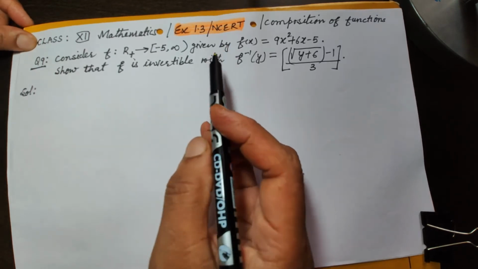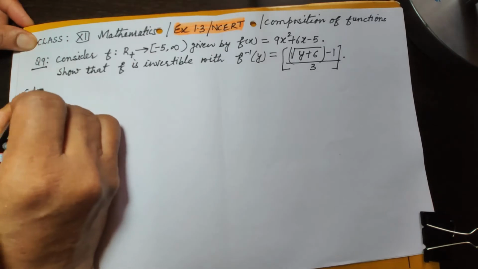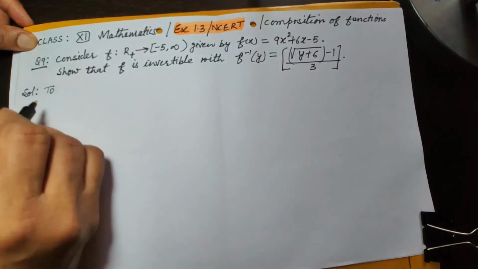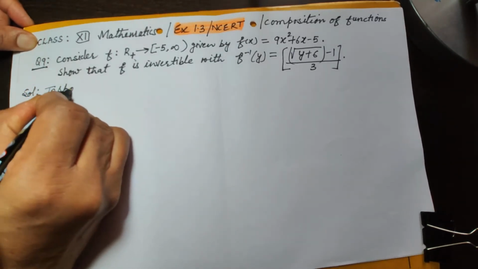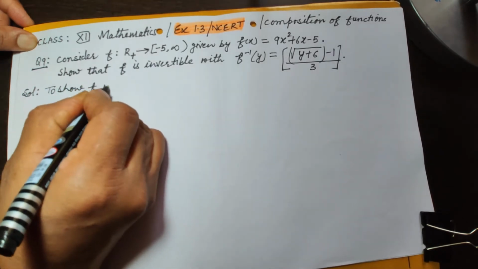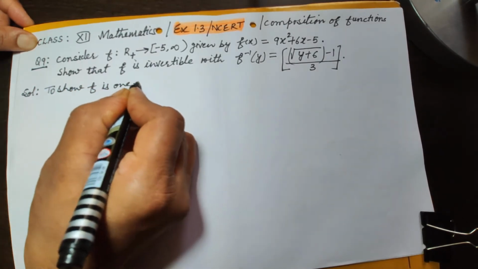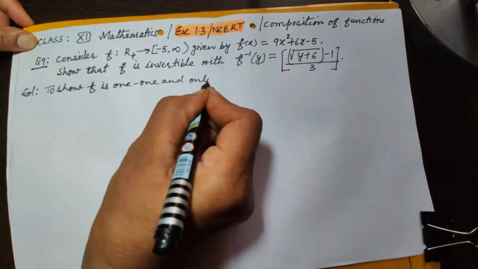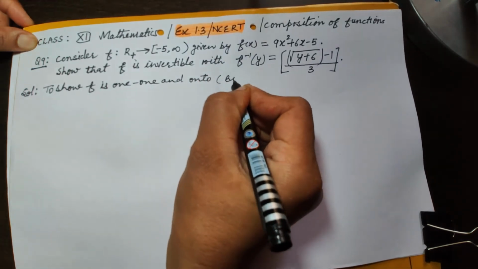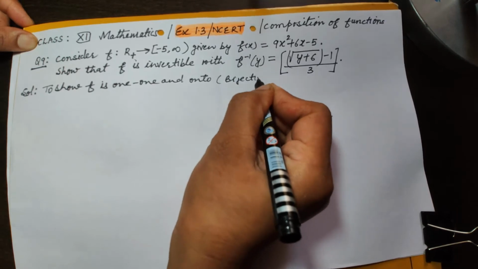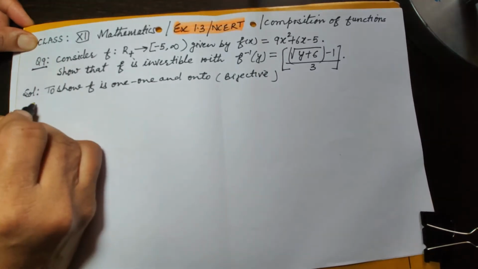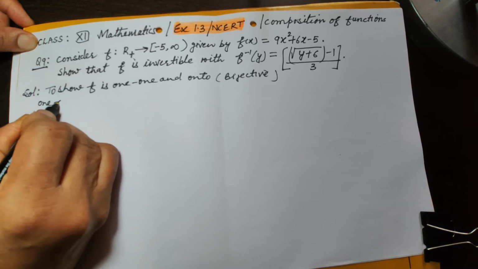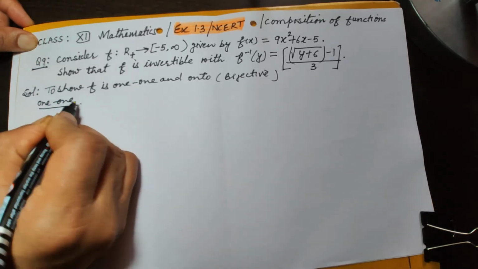So here I start. To show f is 1, 1 and onto, that means f is bijective. So for 1, 1, what is the condition?